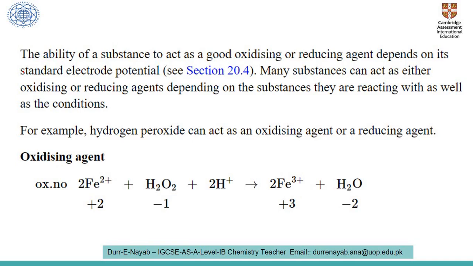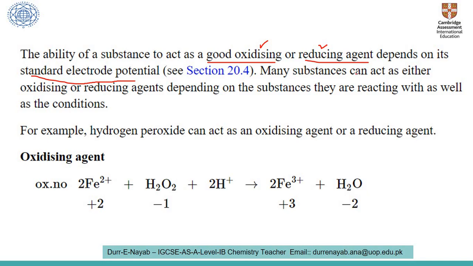Okay, now we will further continue. Here they have written that a substance could have good oxidizing or reducing agent property, but it depends on its standard electrode potential, that is, the ability of that substance or electrode, whether it is good in oxidation, whether it will more easily lose the electron, or whether it is good in gaining the electron.